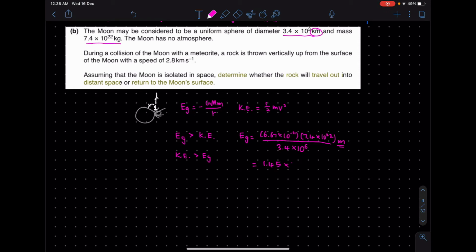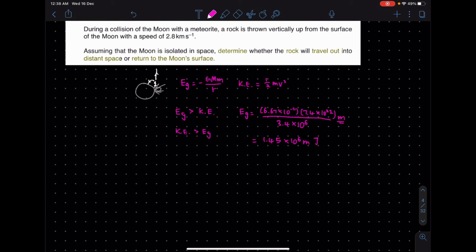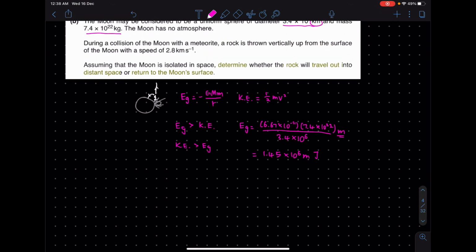1.45 times 10 to the power of 6 m joules. Okay, now let's calculate the kinetic energy. The kinetic energy will be 1/2 times the mass, which is m, which I'll leave as is, and the velocity, well, it's 2.8 kilometers per second. So what's that in meters per second? Well, we can just multiply that by 1000.